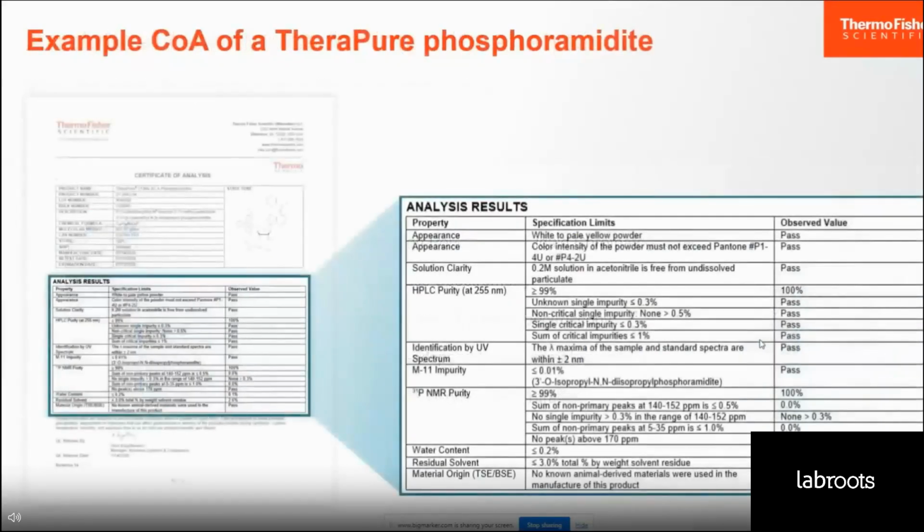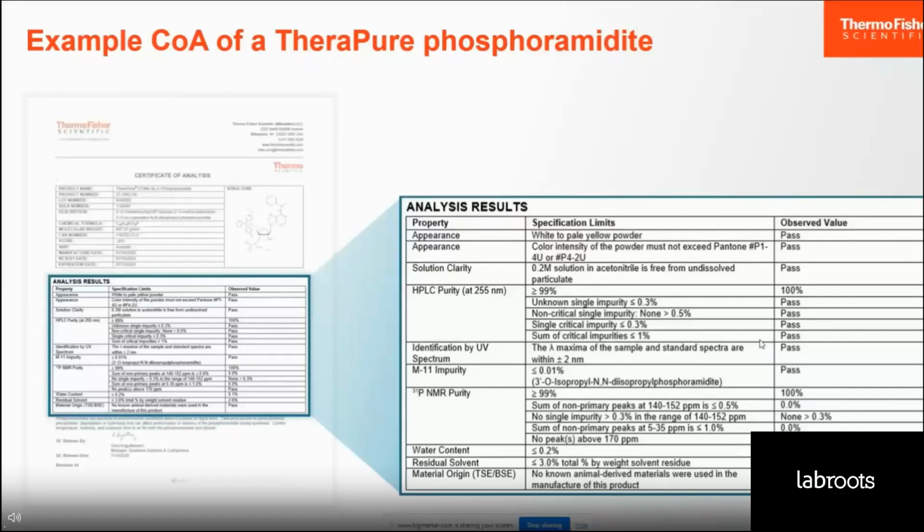So this is an example of a certificate of analysis for TheraPure amidites. It's showing the comprehensive list of testing that's done and is included with each lot of product. The testing also includes some visual determinations and tests of solution clarity to show performance of the material.